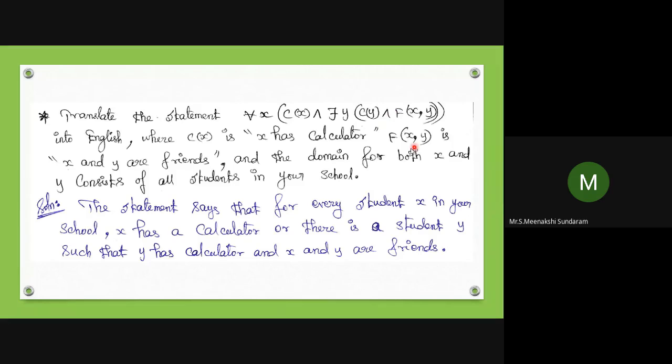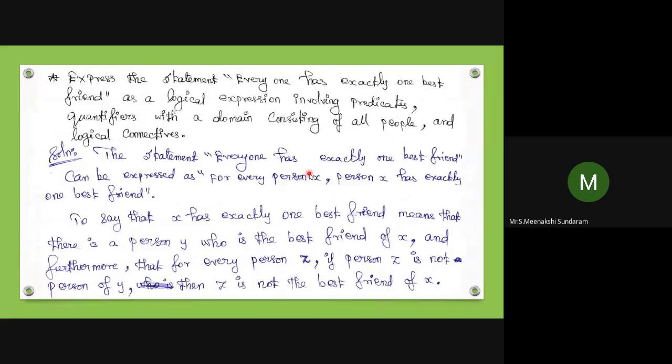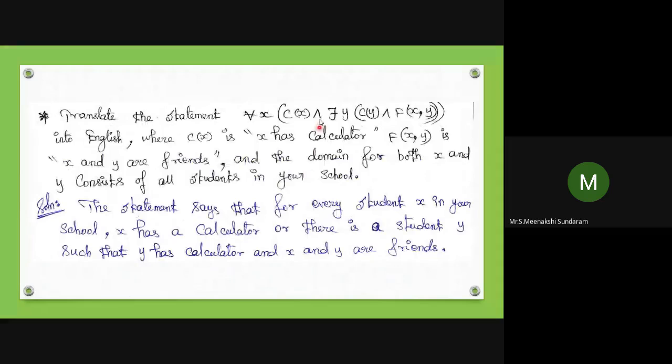F of x comma y means x and y are friends. That is the statement converted into an English sentence. This one is the disjunction. Suppose it were a conjunction, we would write and: x has a calculator and there is a student y such that y has a calculator and x and y are friends. In that case you put and, and this is the correct one. Here I put or, that's why a disjunction comes. Sometimes they can ask this for 2 mark problems, or in part B, 8 mark problems, they can write subdivisions.